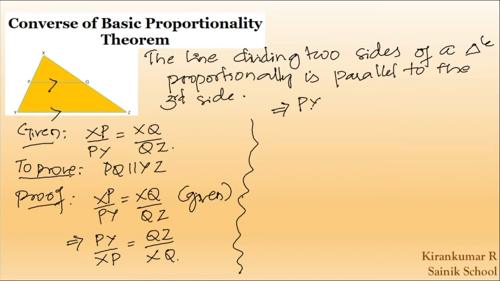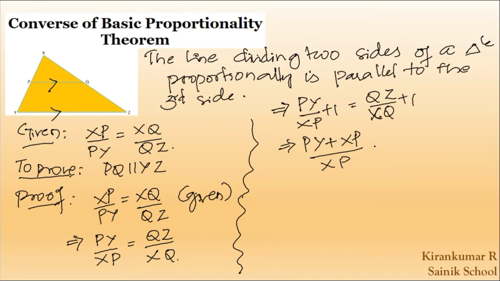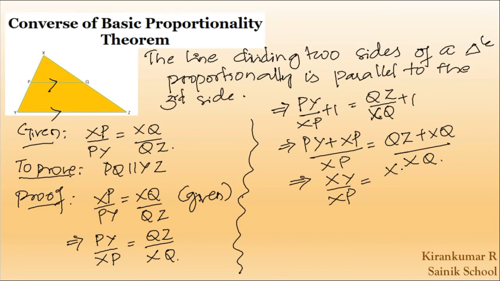If you add 1 on both the sides, what do we get? We get PY plus XP upon XP equal to QZ plus XQ upon XQ. This implies XY upon XP is equal to XZ upon XQ.